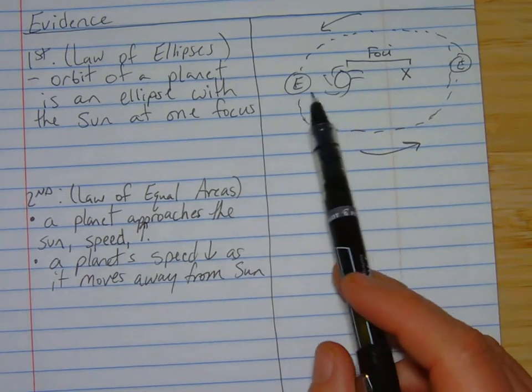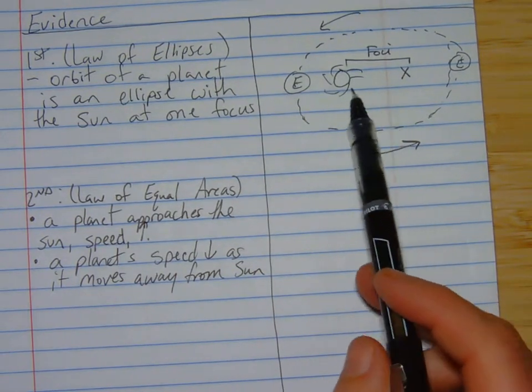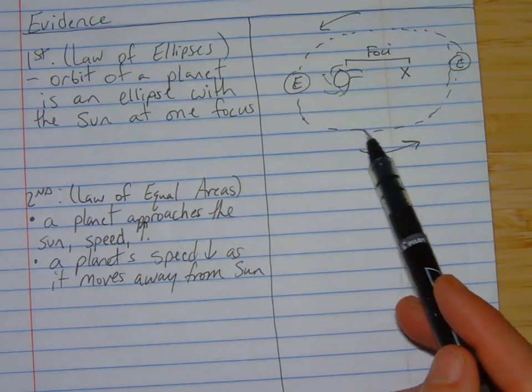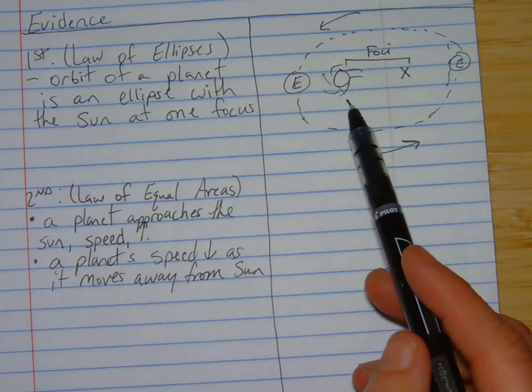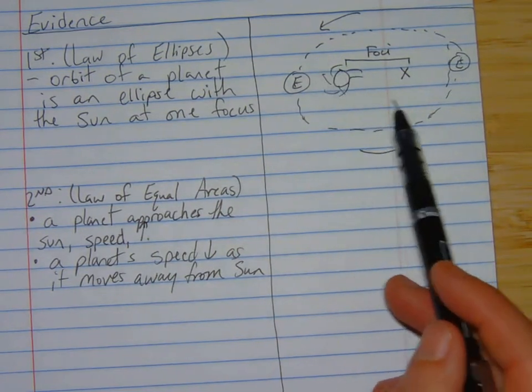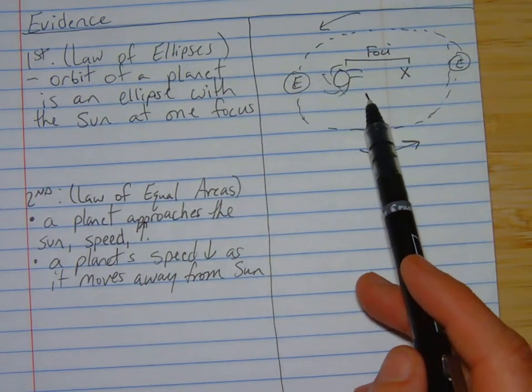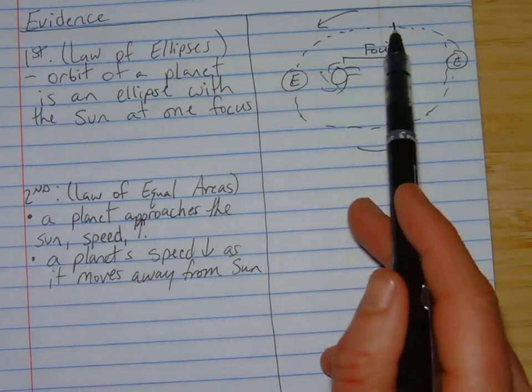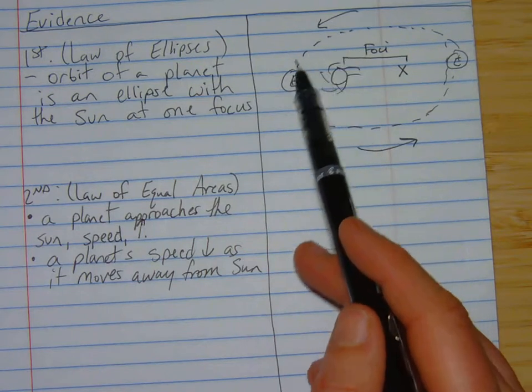But as its inertia carries it, the gravitational attraction is still between the 2, but its inertia is swinging it around through here. It's going to be slowing down because the sun's gravity is almost like pulling it back, almost like the fish on the end of a fishing line. It's trying to bring it back. And once it gets here and starts to bring it back up, it speeds up again.